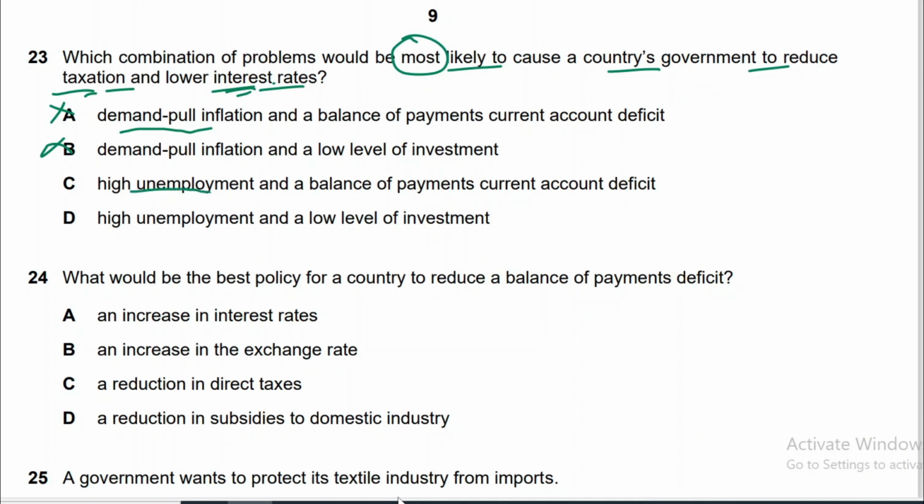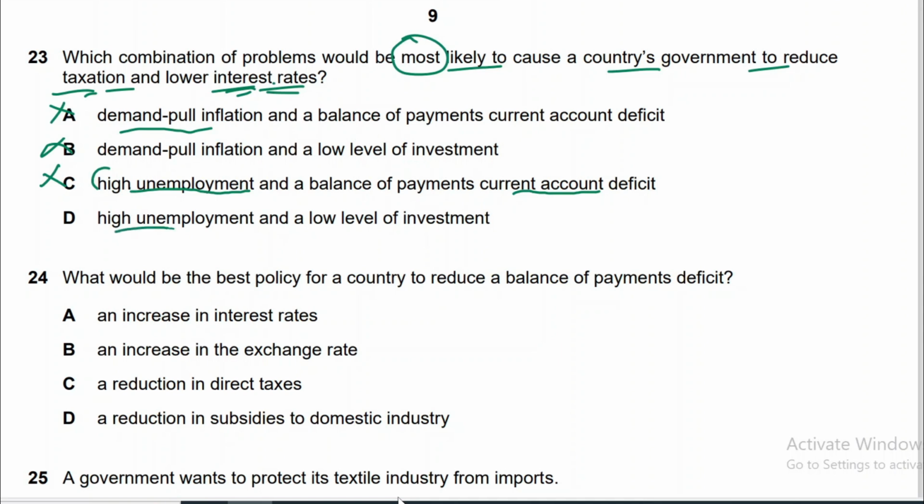So this part of option C is correct. But with a balance of payment current account deficit, if the current account is already in deficit and we lower the interest rate and lower the taxation, then people can further increase the volume of imports and the deficit will further increase rather than decreasing. So option C is also incorrect.